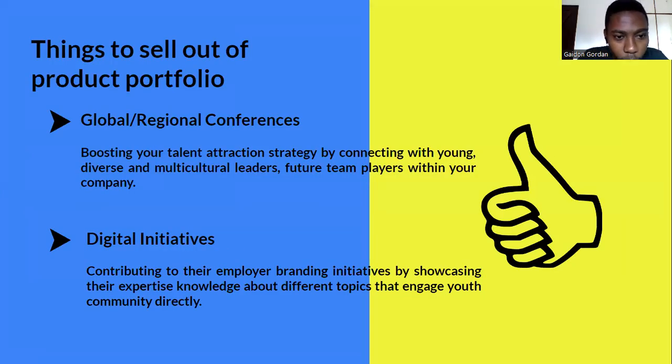For global origin conference, the main idea is to boost the talent attraction strategy of specified corporate companies, which is achieved by connecting youth and various multicultural leaders from various corporate companies.